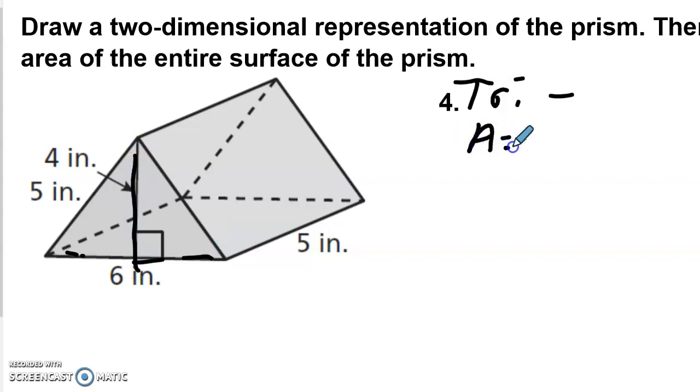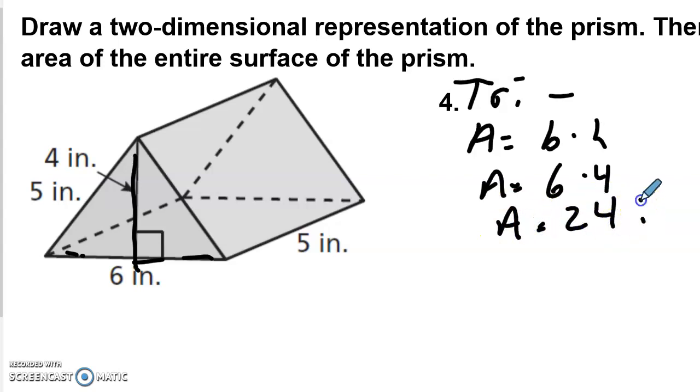So area is base times height, 6 times 4, 24 inches squared. Now remember, I'm not going to divide it by 2 because there are 2 identical ones, front and back. So my triangles are done.